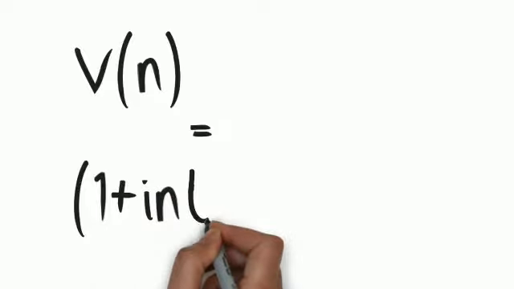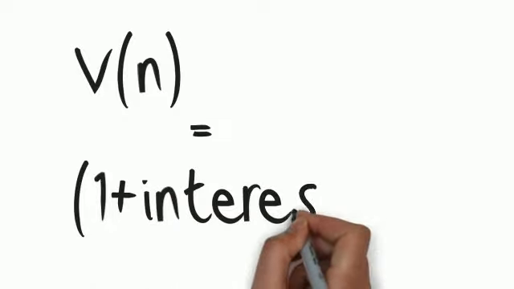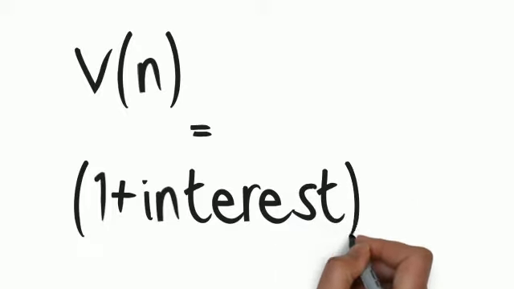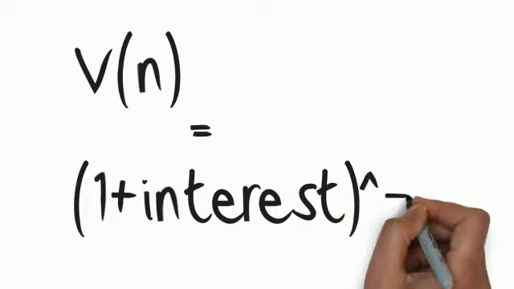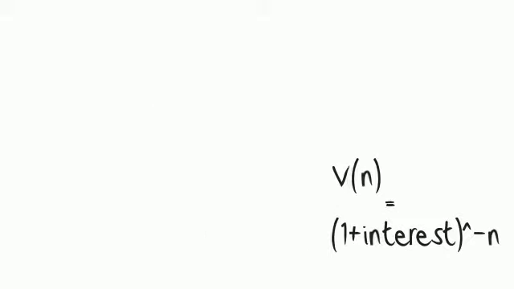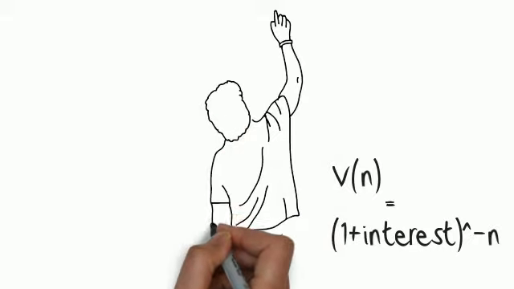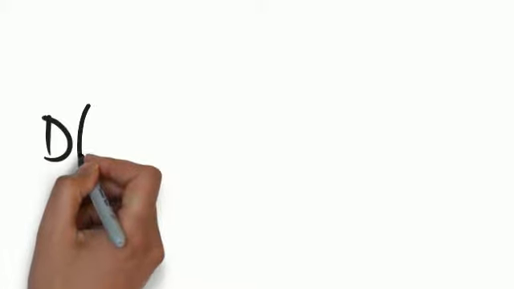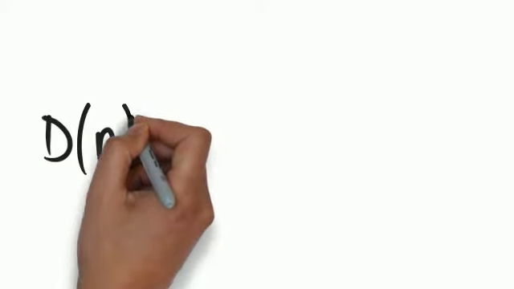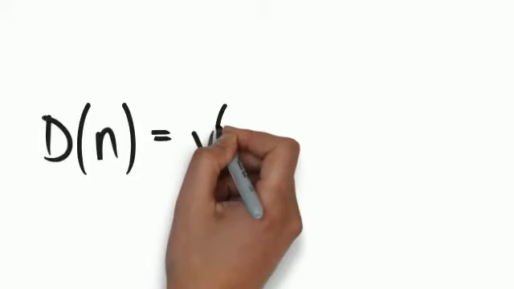Now, the magic starts. If we define the discounted value of a series of cash flows, D of n, which is equal to V1 plus V2 plus V3 plus V4.